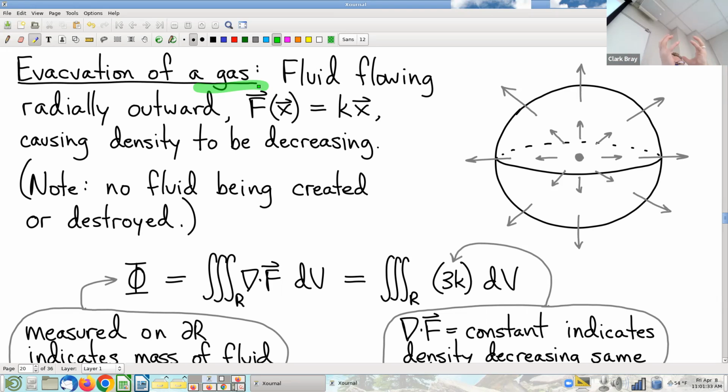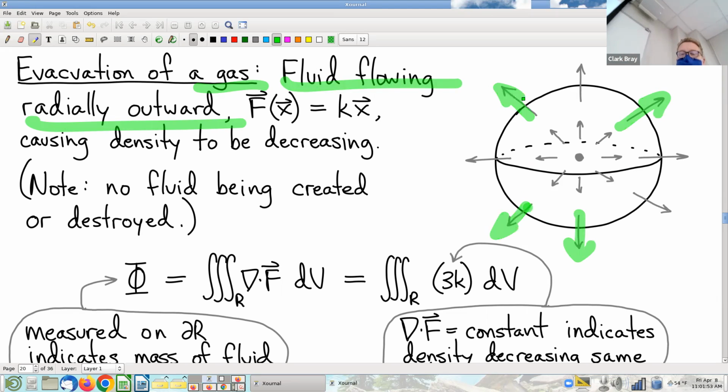But it also means that with the volume increasing, the gas is flowing outward. So the fluid's flowing radially outward, kind of like this, as a result of the temperature increasing and therefore the density decreasing.